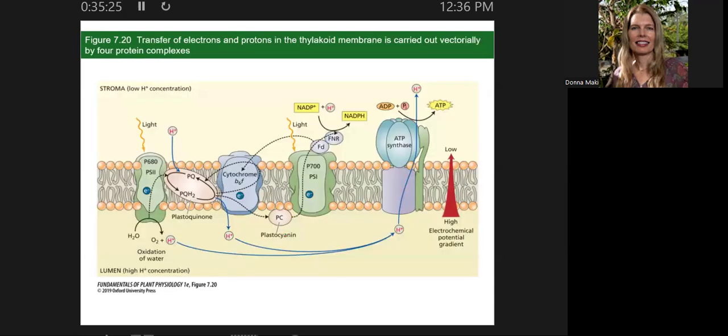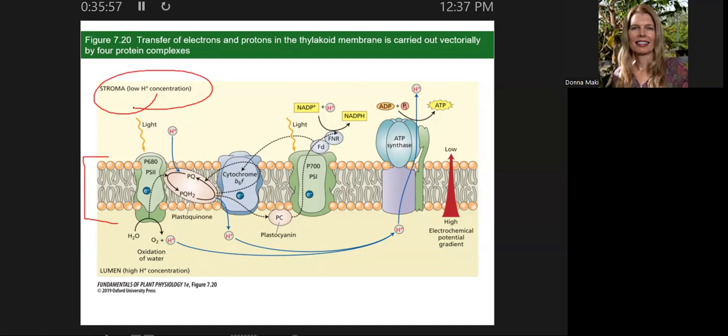So in simplified form, you could represent it like this. What we're looking at here is a stretch of the thylakoid membrane. The lumen is the internal part of the thylakoid membrane. And if you look up high here, the stroma is the watery portion that the thylakoid is floating around in.